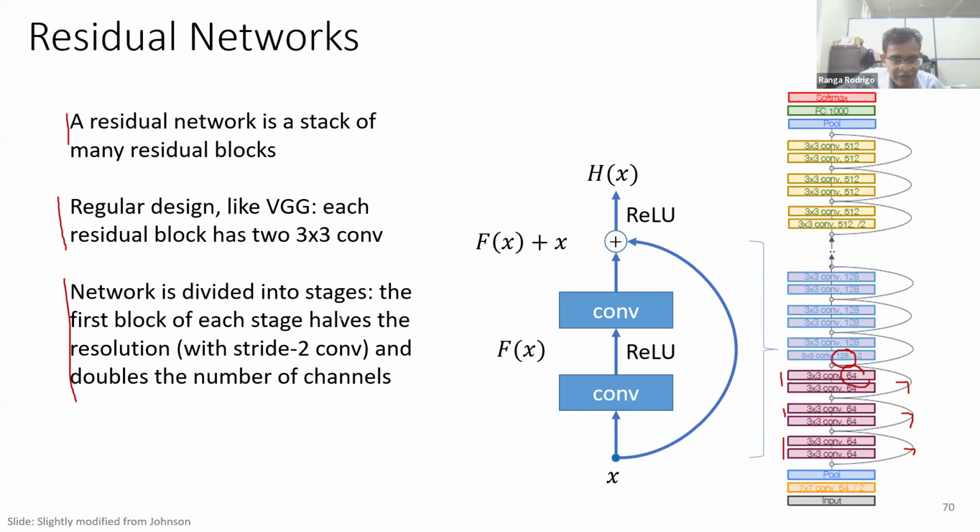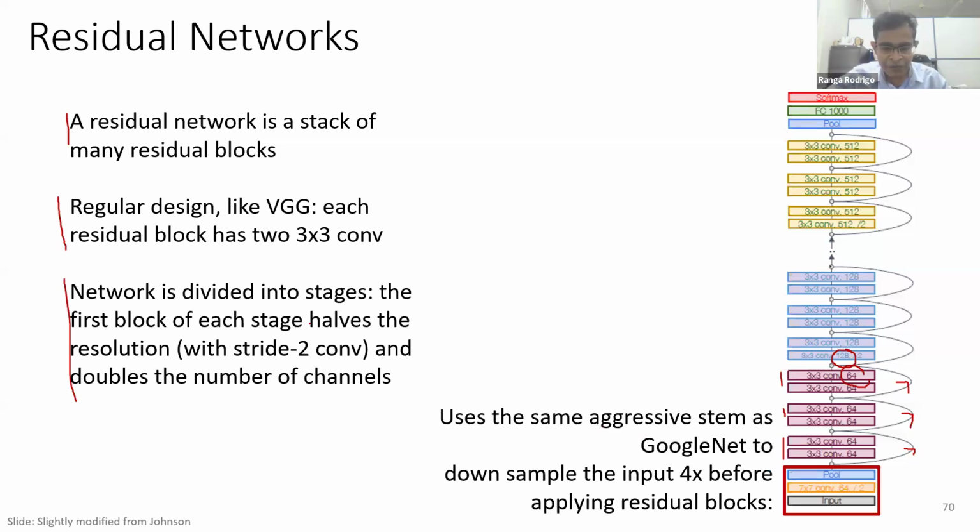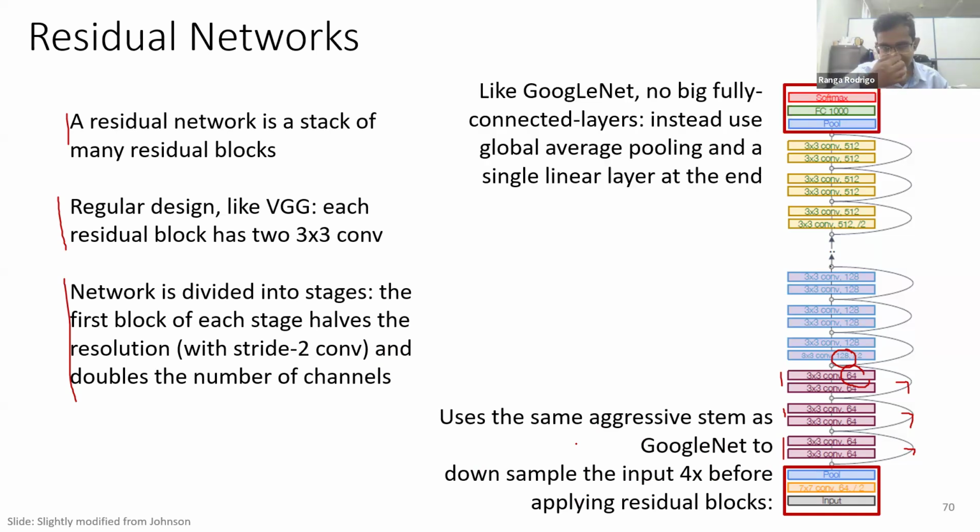This is the design of the residual network. They used the same aggressive stem as GoogleNet to downsample the input 4 times before applying the residual blocks, to reduce the computation and memory requirements and so on. Like GoogleNet, no big fully connected layers. Instead, use global average pooling and a single linear layer at the end.